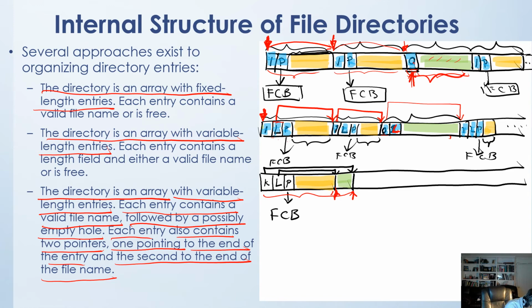Now let's take a look at the second entry. We have a K, we have an L, and K points to the end of the entry, and L points to the end of the file name. Let's use different colors.